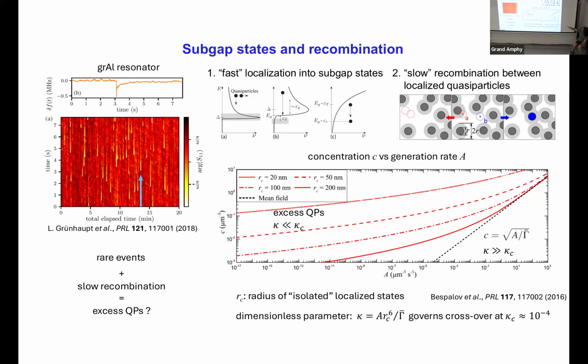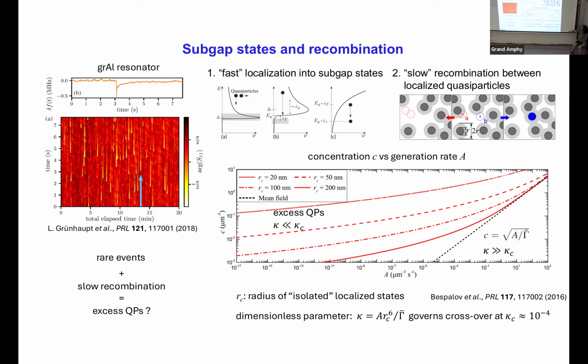So there can be a crossover between a regime in which you have a lot of generation, and essentially every time you add a quasi-particle, it will find a companion even though it's localized, so it's back to the regular Rothwarf-Taylor or mean field regime. But if your generation rate is slow, they have this bubble picture: you generate a quasi-particle here, it localizes, but if it happens by chance to be nearby an existing quasi-particle, you will recombine.